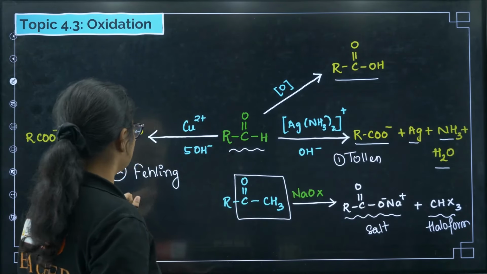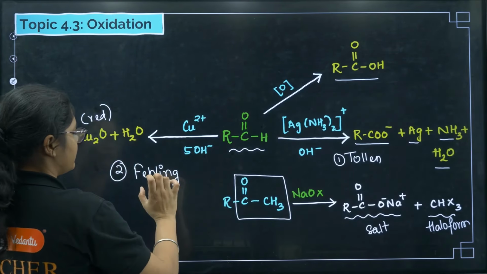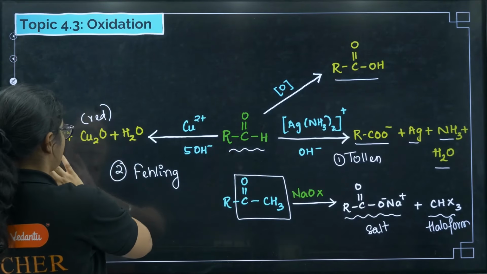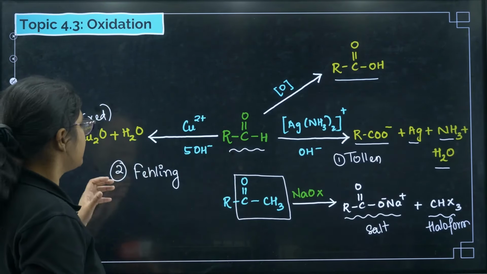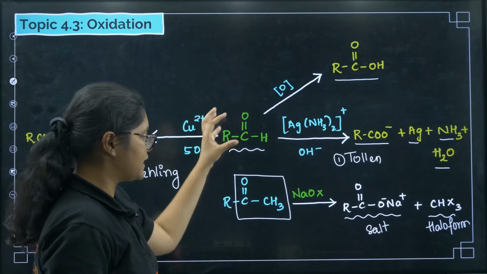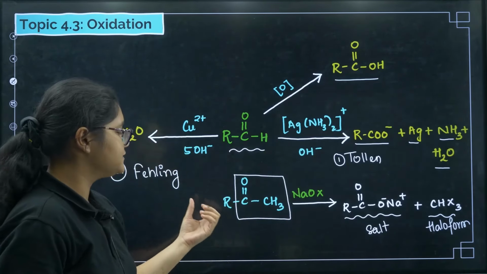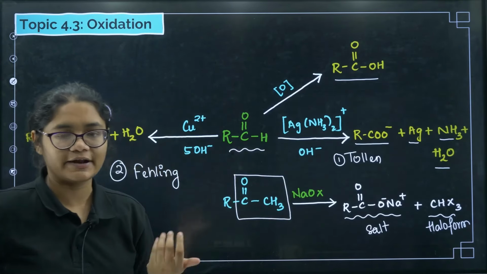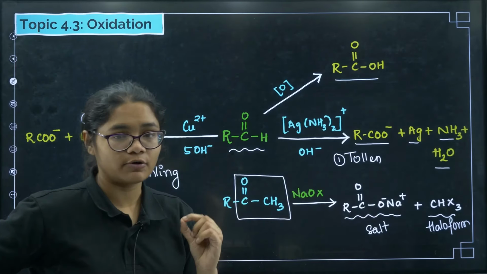Next, what will happen if you take copper ion and 5 OH minus, this is the Fehling solution. Here you will get RCOO minus plus copper oxide plus water. Next, aldehydes can be oxidized to give you acids. Now if you have a COCH3 group, whether aldehyde or ketone, it can react with NaOX, which is your haloform reaction.